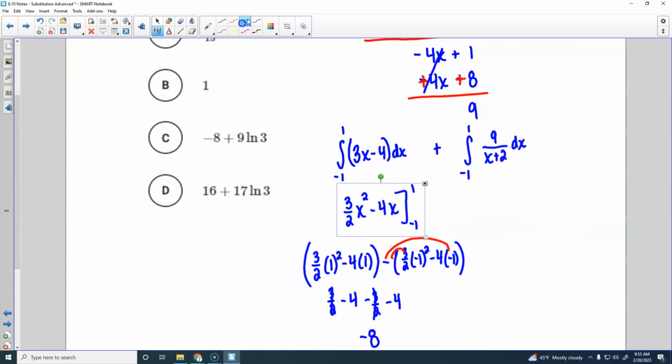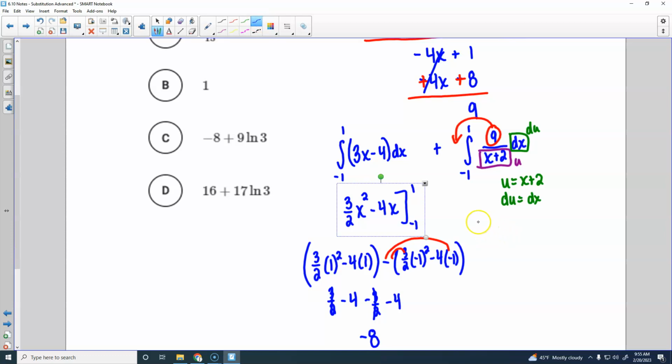Over here, I would need to do a u-substitution. So u would equal x plus 2. du would equal just dx. So this part right here would be my u. This part right here is my du. And that 9 right there, I would just pull it out front.